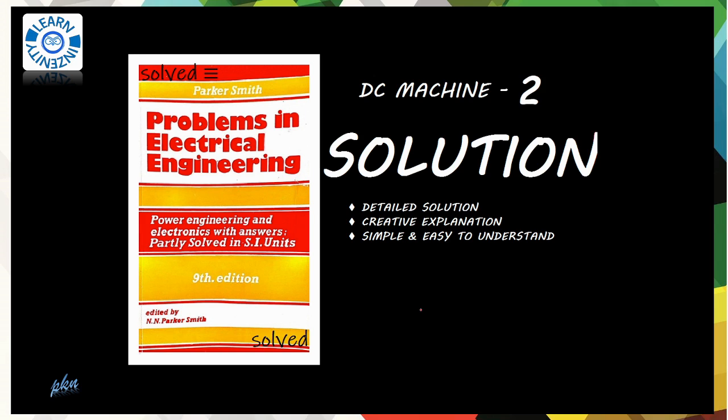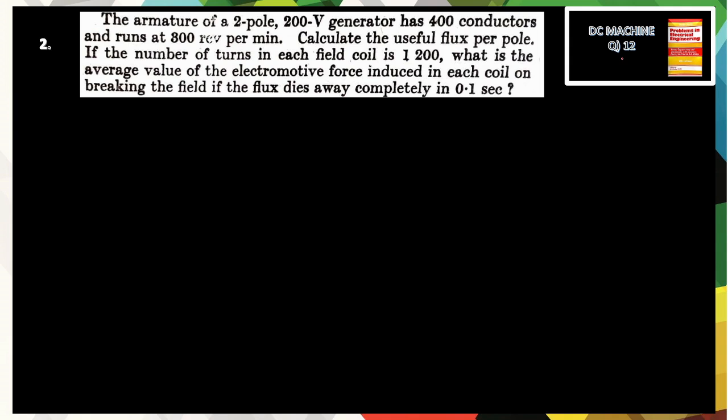So let's see. This question is the 12th question of the DC machine part of the Parker Smith book. The question says: the armature of a two-pole 200 volt generator has 400 conductors and runs at 300 revolutions per minute.